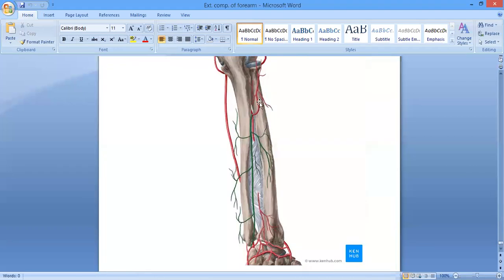Here you can see this one. You see this green mark. This green color is representing the posterior interosseous artery, which is coming through this gap on the upper margin of the interosseous membrane. Okay? This is the posterior interosseous artery.